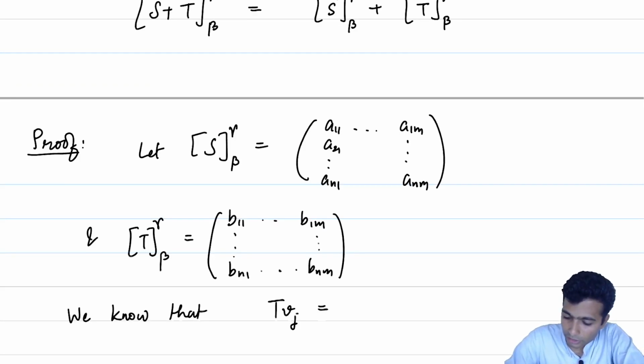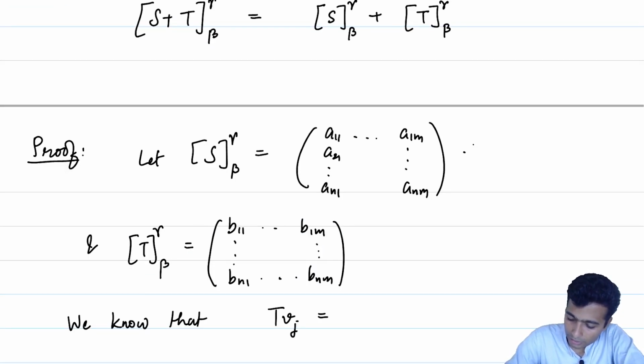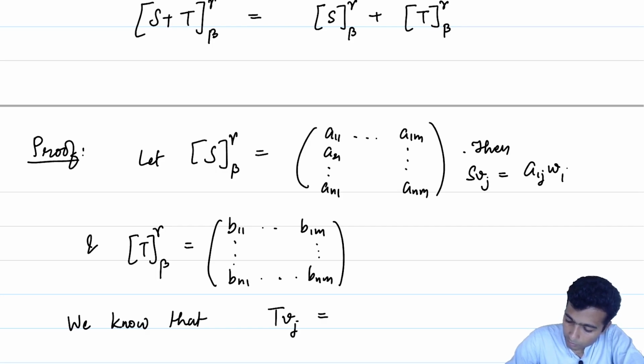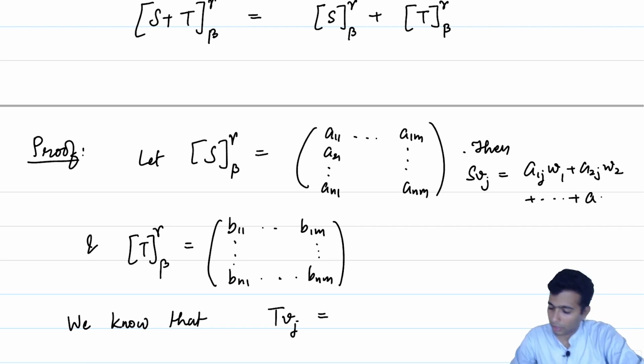Here we know that S(Vj) is equal to, the jth column will come in, that is A1j W1 plus A2j W2 plus dot dot dot plus ANj Wn.